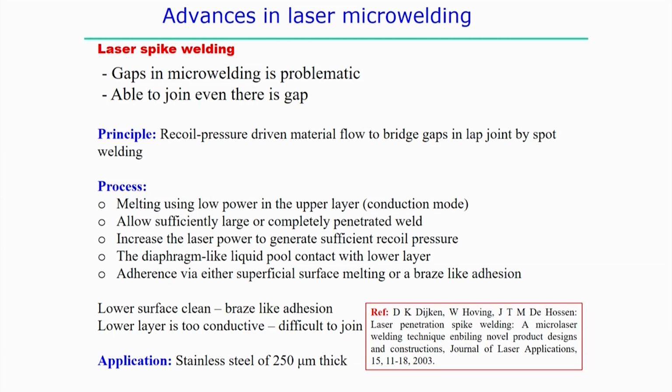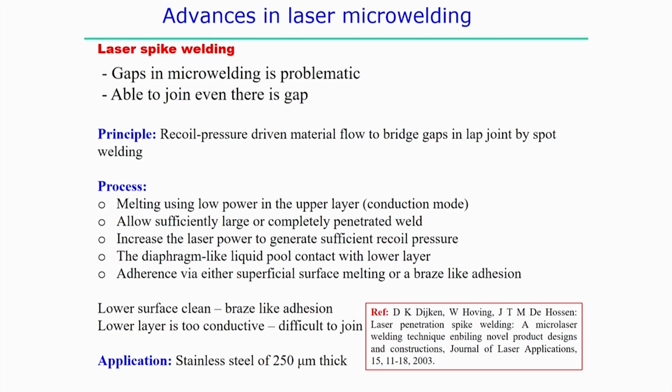Then it is necessary to allow a sufficiently large or completely penetrated weld, so we increase the power such that it completely penetrates. Then again we increase the laser power to generate sufficient recoil pressure.